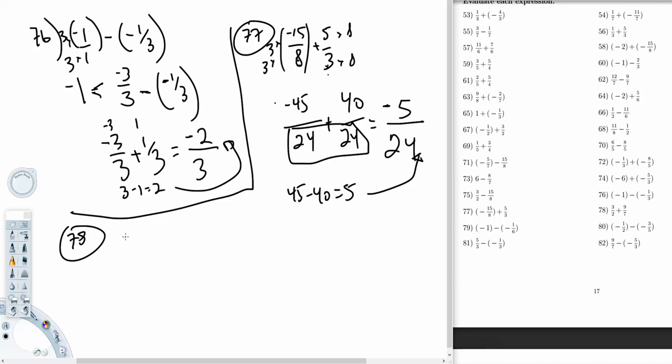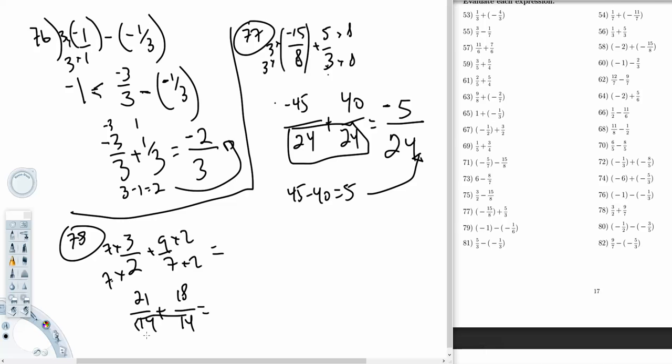78. Now the problems are getting harder and harder, it seems. 3 over 2 plus 9 over 7. So this we're going to multiply by 7. This we're going to multiply by 2. All right. Now, 7 times 3 equals 21. 7 times 2 equals 14, plus 9 times 2 equals 18. 7 times 2 equals 14.